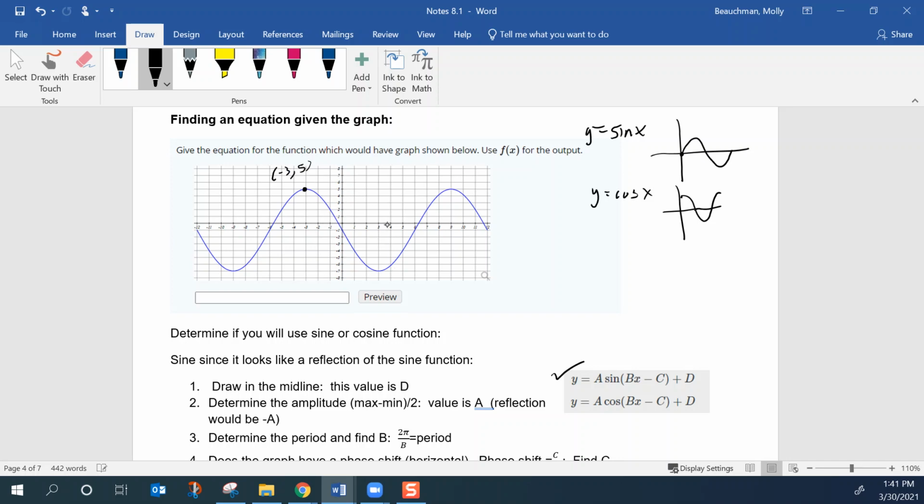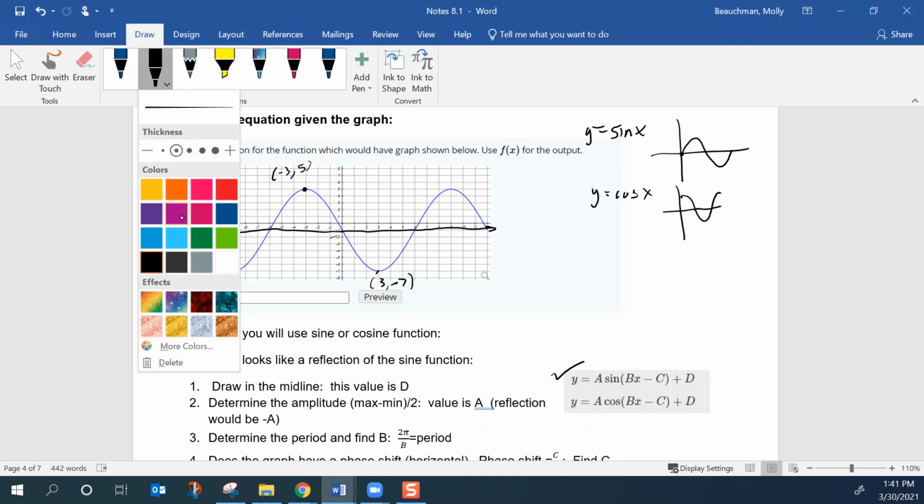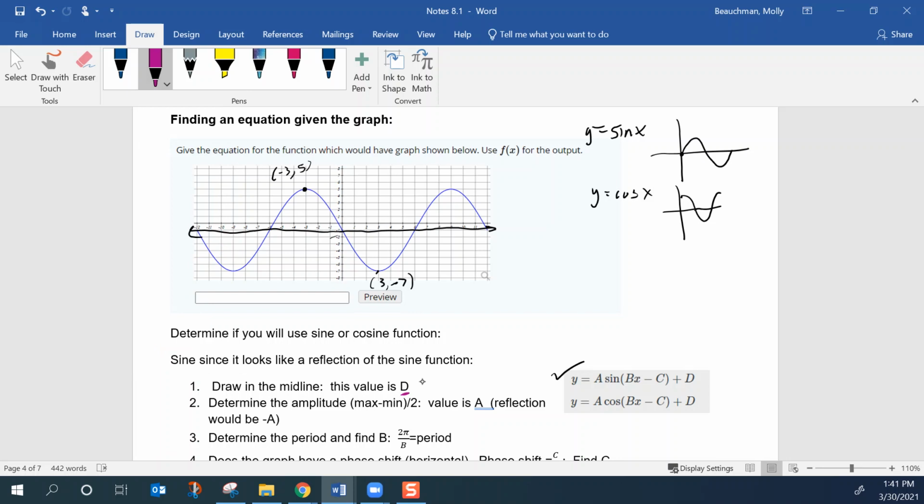Our lowest value is at (3, -7). Halfway in between 5 and -7 is right here at -1. So at -1, that cuts our graph in half horizontally. That's called the midline, and the value for the midline is d. So y equals -1 is the equation for the midline, and d is equal to -1.